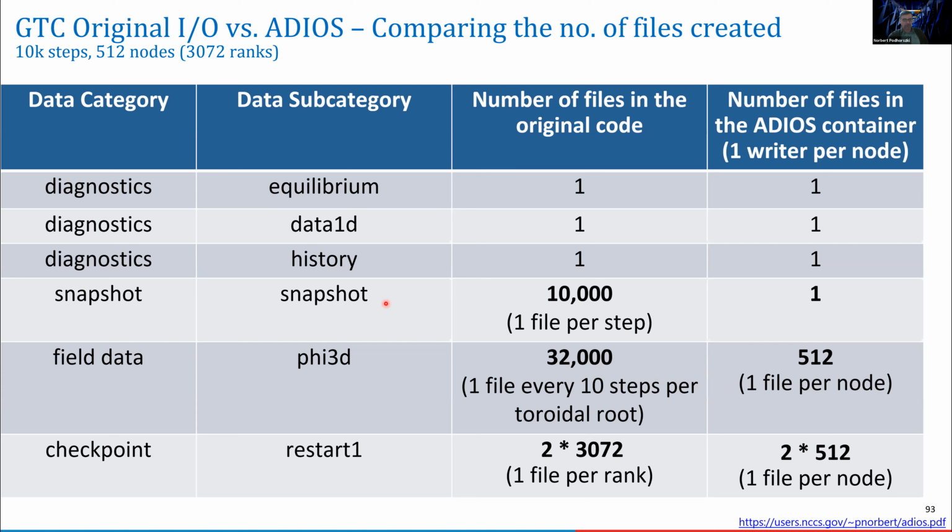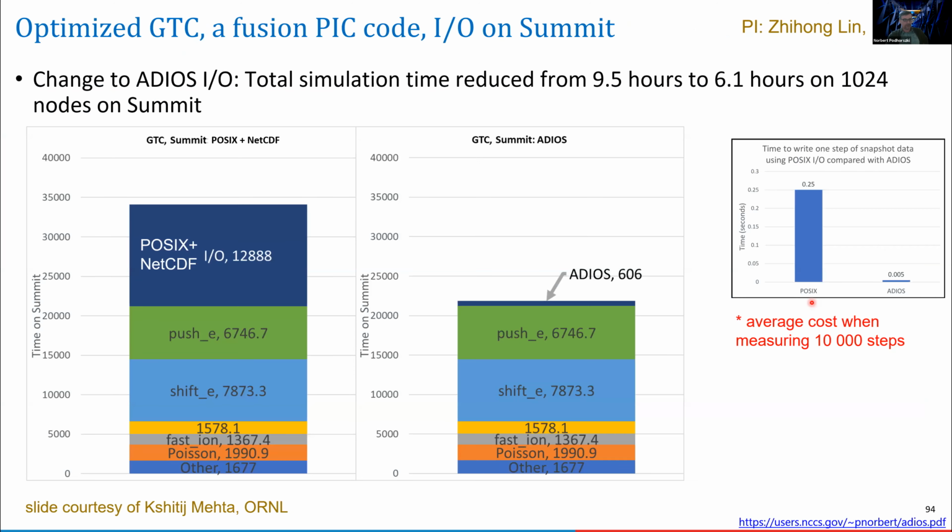And the single snapshot files, a smallish data written every single step, we decreased into a single file. So Scott showed these results, decreasing the I/O from like 30% into a negligible overhead.